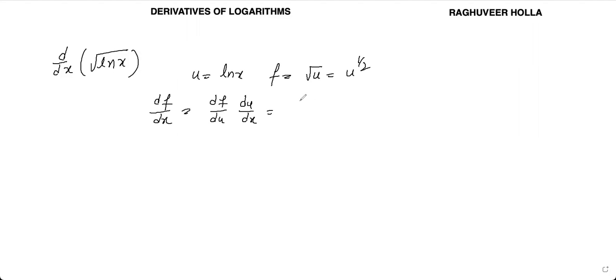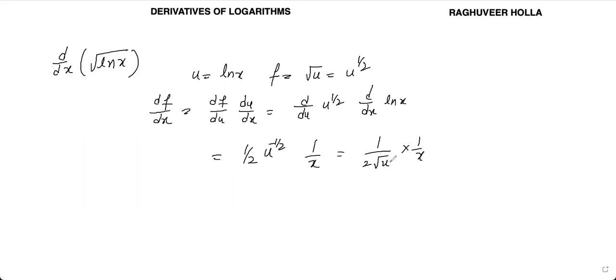So this is d by du of u to the power of half, d by dx of ln x, which is half u to the power of minus half, and this is 1 by x. So this is 1 by 2 root u into 1 by x, or we can write this as 1 by 2 root ln of x into 1 by x.